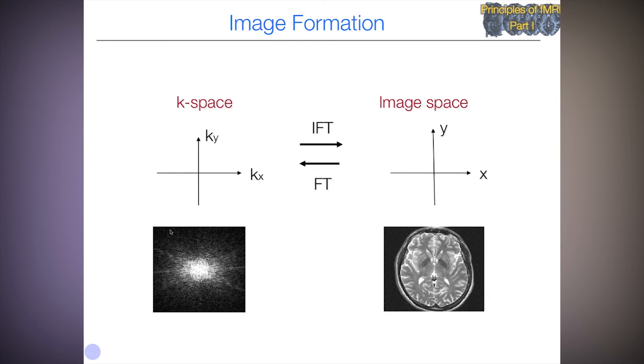So here's a cartoon showing what happens. In k-space, we change values of kx and ky, and we make a number of different measurements using an EPI trajectory. And then once we make enough measurements of k-space, we apply the inverse Fourier transform, and we get this pretty picture of the brain.